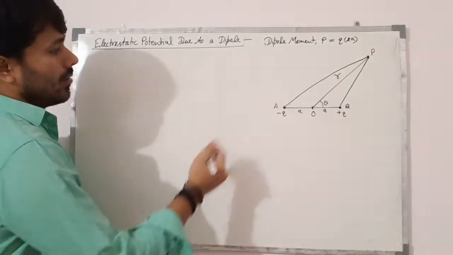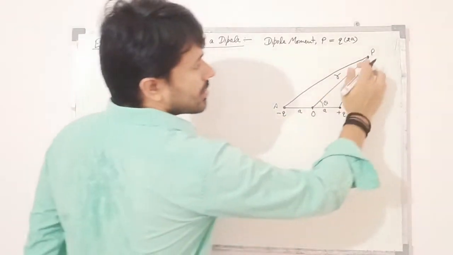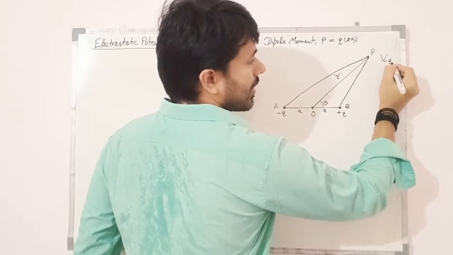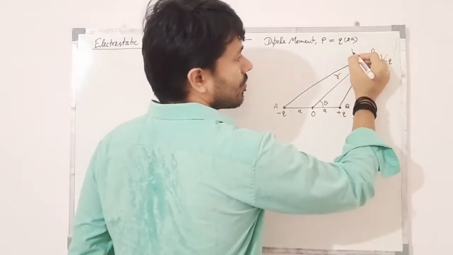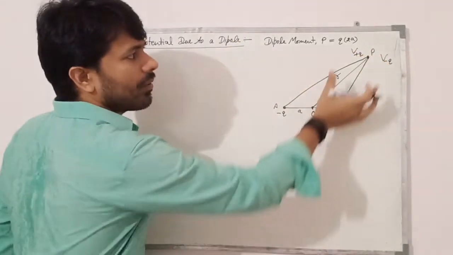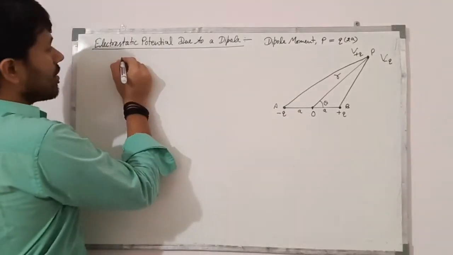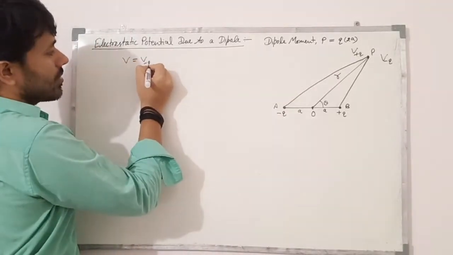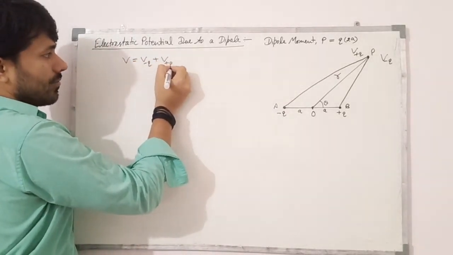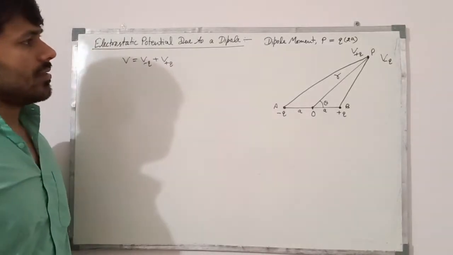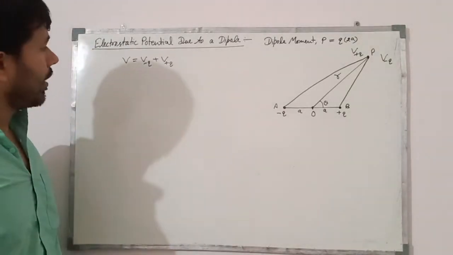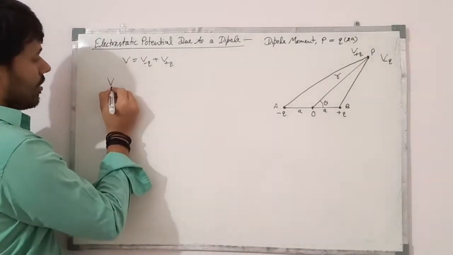Right? So the potential due to this charge at point P is V minus Q, and due to this charge V plus Q, and the total potential is V equal to V minus Q plus V plus Q. Let's find out.